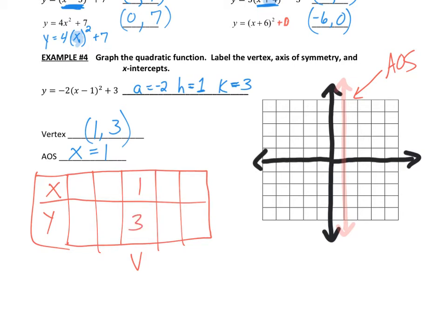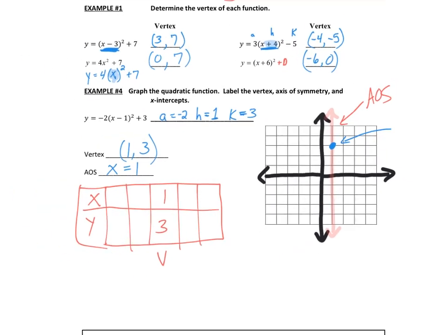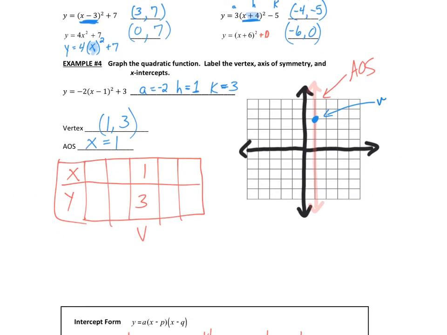So (1, 3), if I put the vertex on my graph, is right here. I'm going to label that. The vertex is in blue, and the axis of symmetry is that red line.